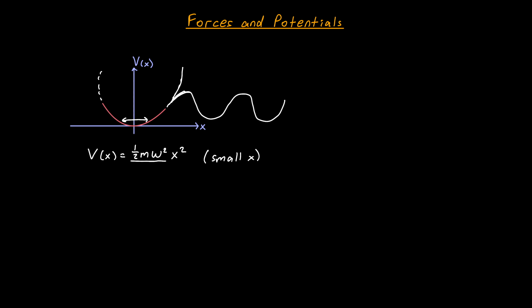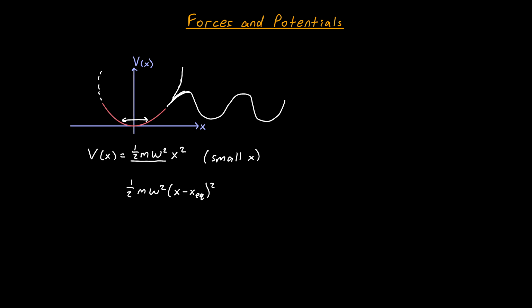Now, just to get all the subtleties out of the way, there are two more things we need to think about before we move on to analyzing these systems. The first is that x measures deviation from the equilibrium position, as I've drawn it here. So if you want x to be a physical parameter that measures the true position of your system, then what you should really be writing is 1/2 m omega squared times the difference between x and the equilibrium position squared.